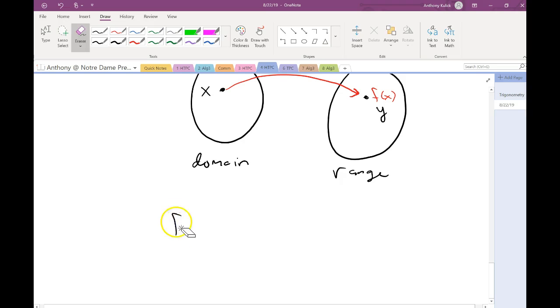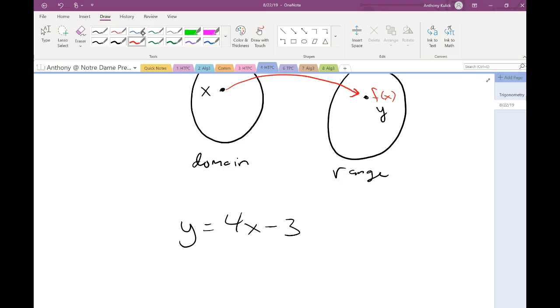When we write something like y equals 4x minus 3 or something, we have a name that we give to the x and y variables. We say that the x variable is the independent variable, and we say that the y is the dependent variable.